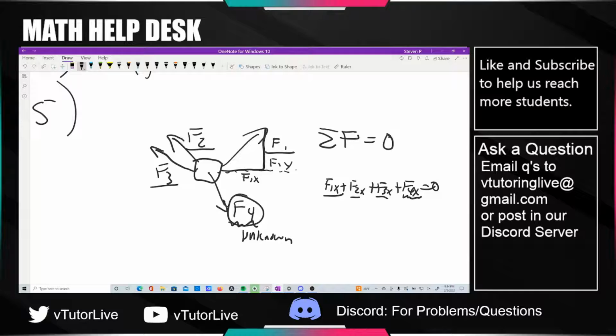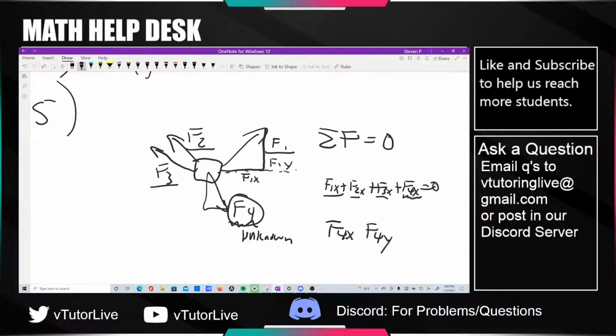Once you have F4x and F4y, at that point, you can just use trigonometry to figure out what the total F4 is. That's just going to be the Pythagorean theorem. And then use more trig to figure out what angle it is with respect to the positive x-axis. Make sense?